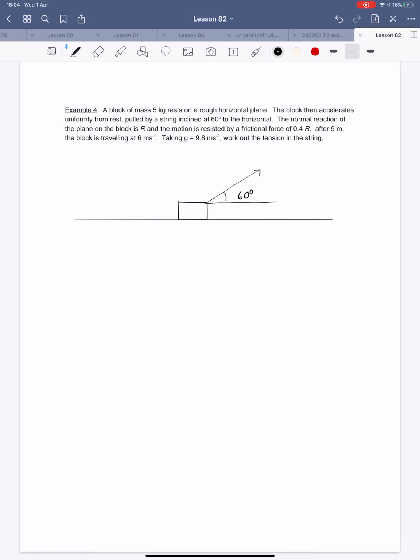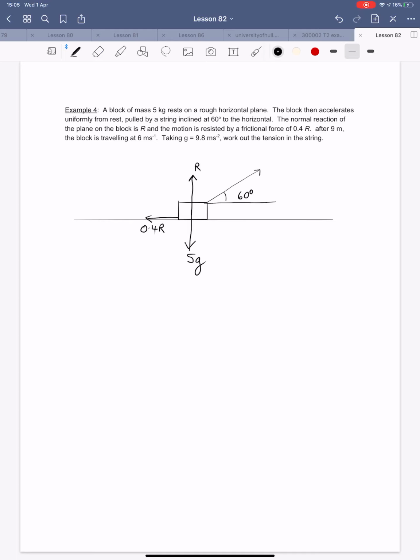The normal reaction of the plane on the block is R. So we've got 5g downwards. And the motion is resisted by a frictional force of 0.4 R.